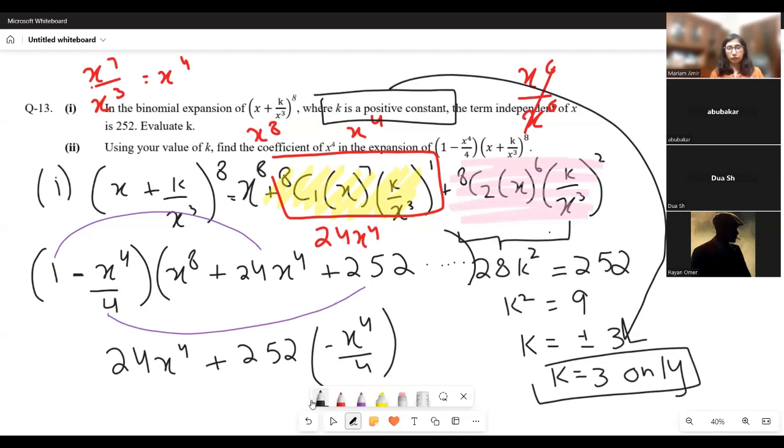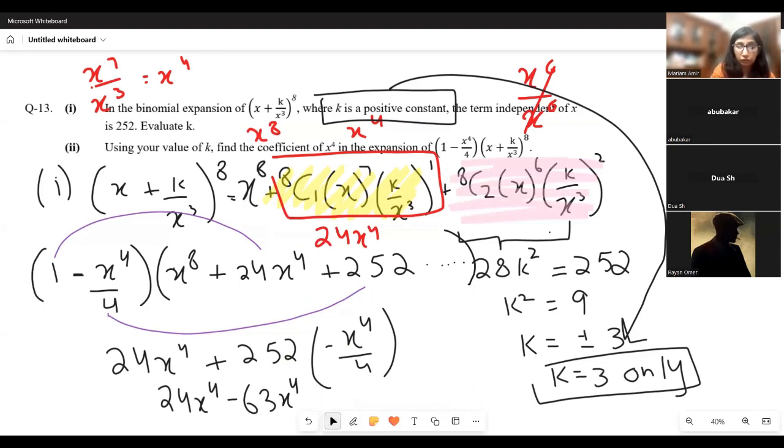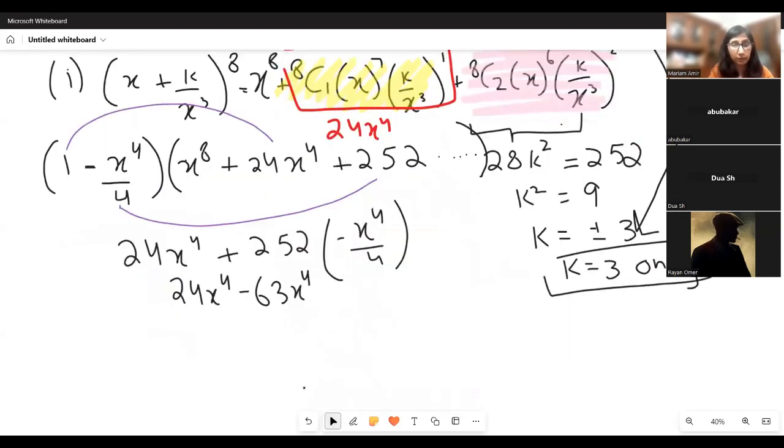So 252 divided by minus 4, because that's a negative value, is minus 63. We have 24 x power 4 minus 63 x power 4. They're only asking for the coefficient, so lose the x power 4 and the answer would be minus 39.